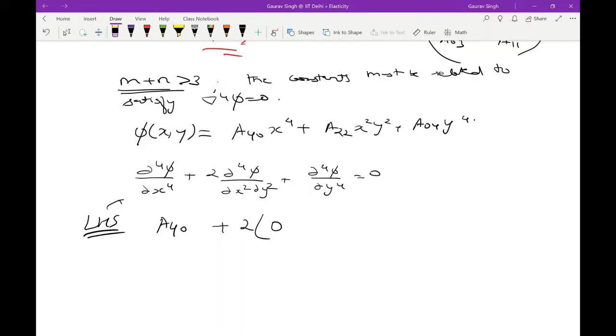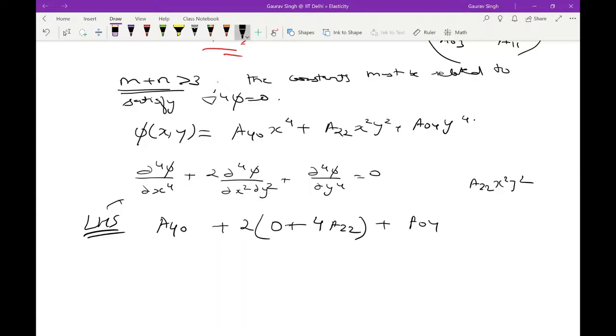And the fourth term will also not make, so let's take this one at a time. So a22 x square y square, first differentiate it with respect to x, so that would be 4 times of A22 plus A04.